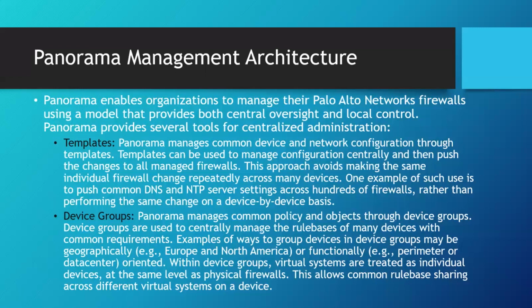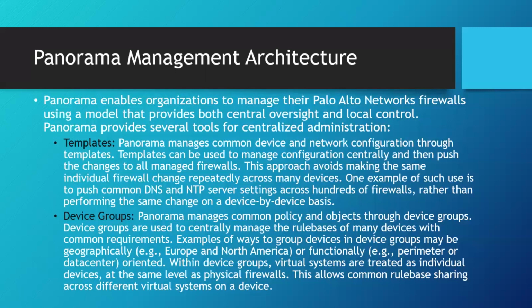Now, device groups. Panorama manages common policies and objects through device groups. So you have seen some tabs in the Palo Alto firewall, which are called the object tab and the policy tab. Those changes are pushed from the Panorama using device groups. Device groups are used to centrally manage the rule base of many devices with common requirements.